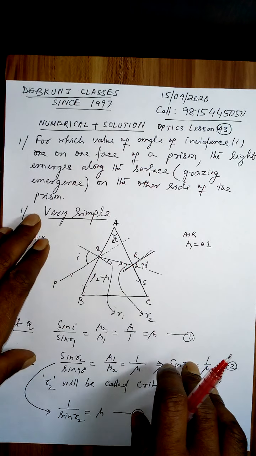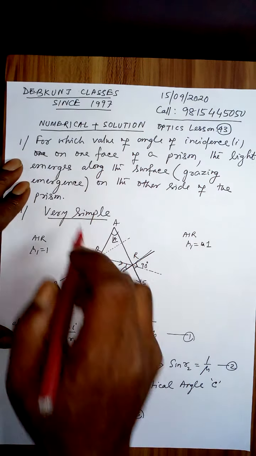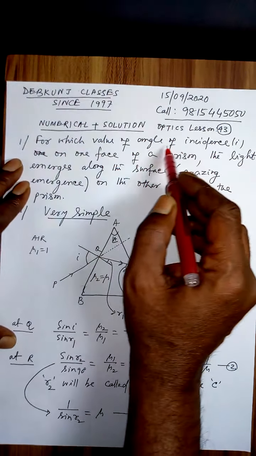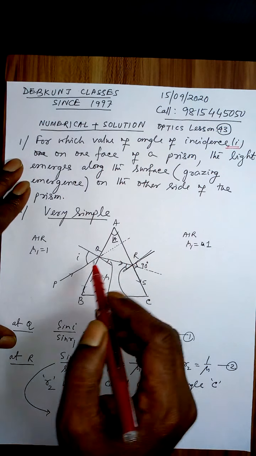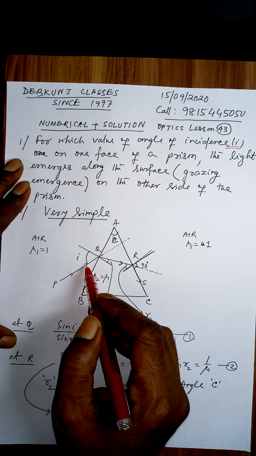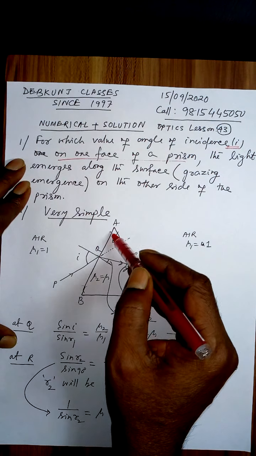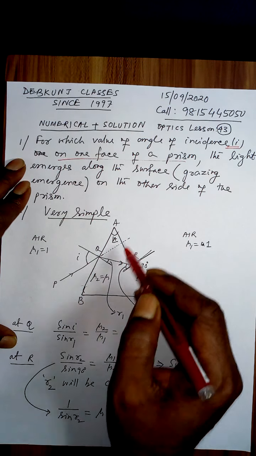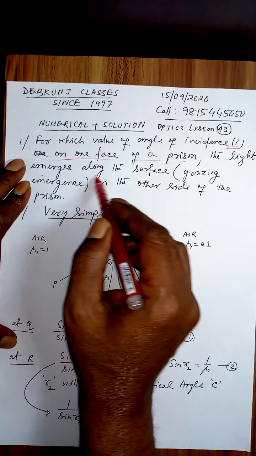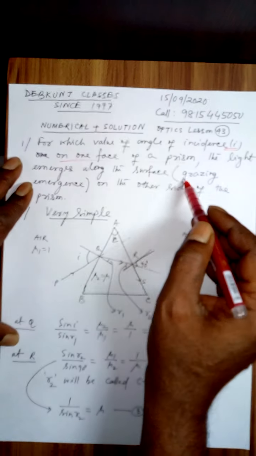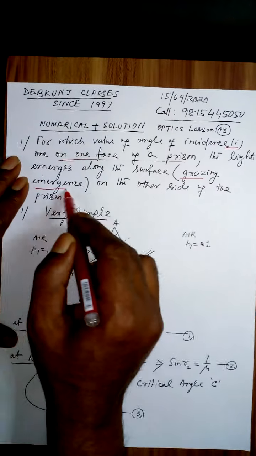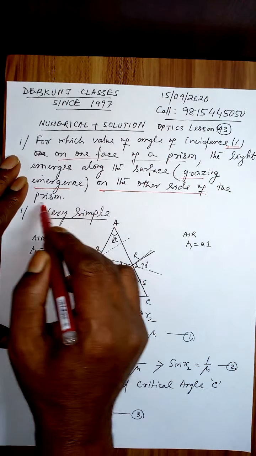Now a good numerical: for which value of angle of incidence I on one face of the prism, on the face AB, does the light emerge along the surface on the other side of the prism?